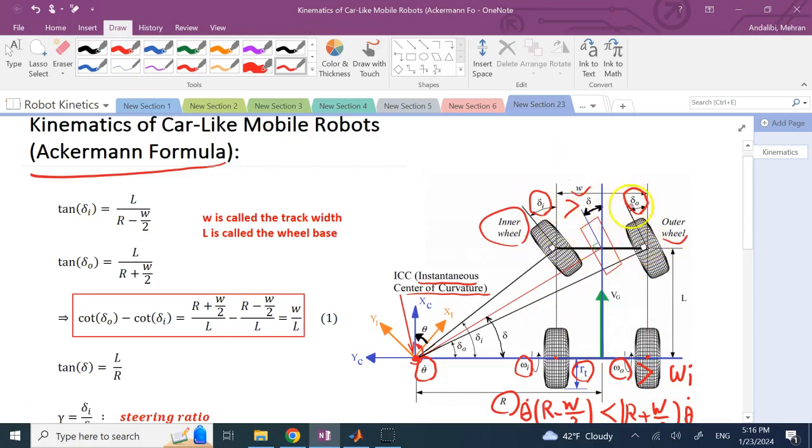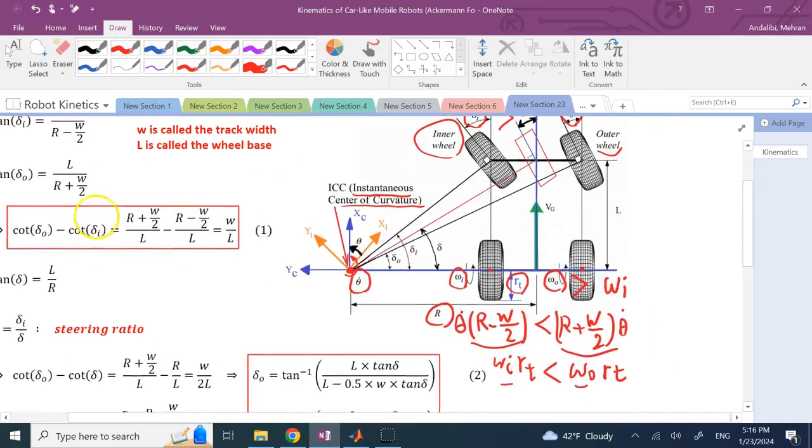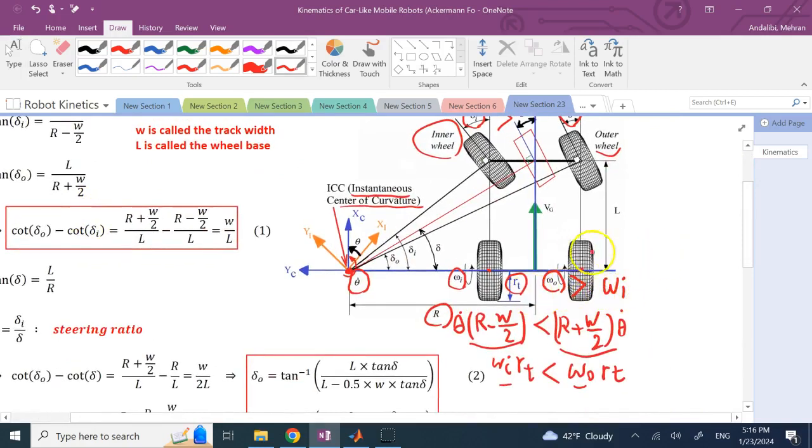The difference between delta I and delta O is done by the steering mechanism, so it can make the two tires compensate, and one of them has a bigger angle than the other. The change in the RPM is done through what we have in the back of the car, which you all know, called the car differential. It allows the two tires on the back axle to rotate at different RPMs.